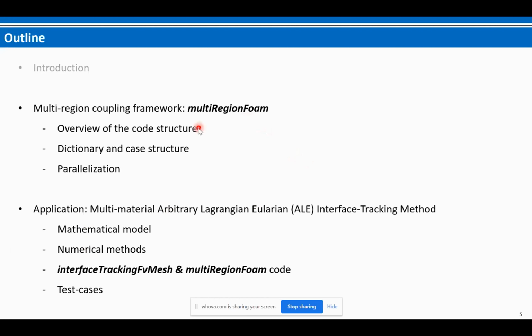We take a glimpse at the code structure and what the user has to deal with, for example, the main dictionary and case structure, a quick note on parallelization, then an application of this framework to implement an arbitrary Lagrangian Eulerian interface tracking method, with a quick overview of the model, the methods, and the interface tracking class. And concluding with the test cases that I'm working on currently.